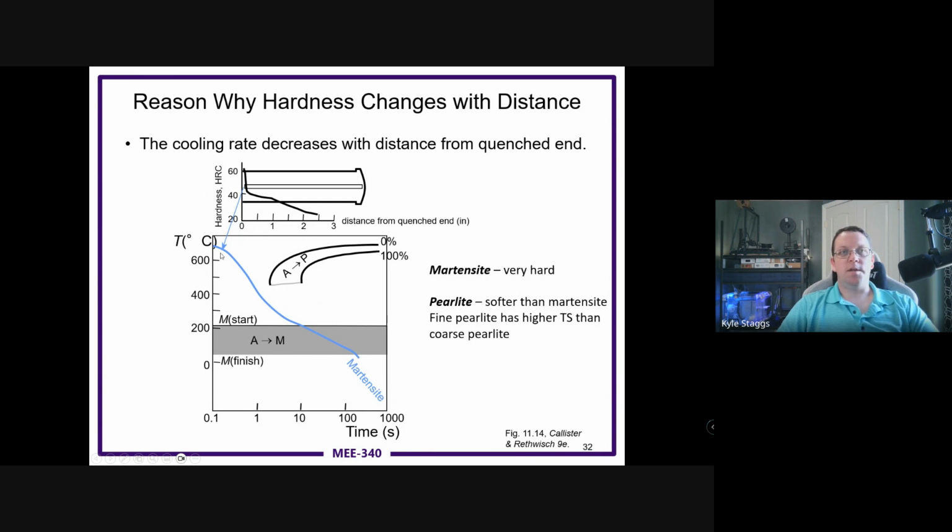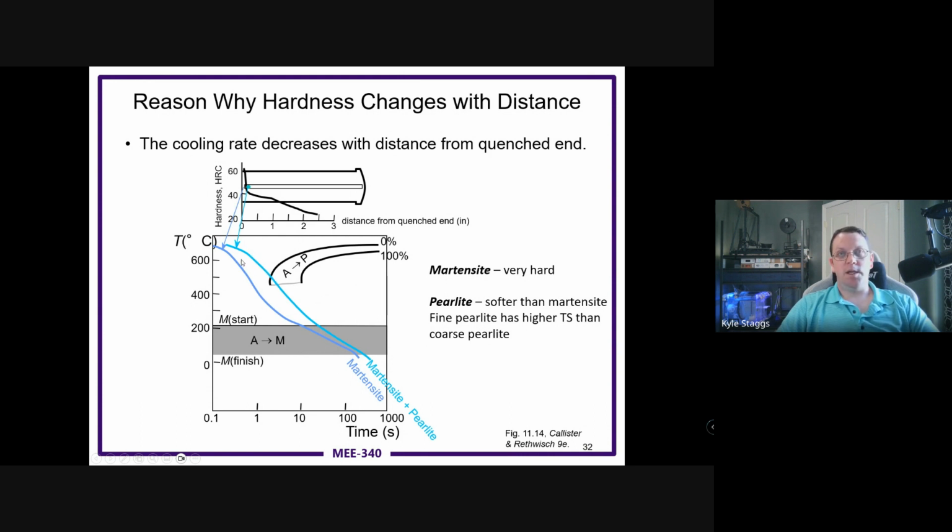It's going to very quickly, on the order of about 10 seconds or so, get down below this 400 region, and then quickly get into this martensite, where most of the time is going to be spent growing martensite. Whereas here, as you start moving up, you're going to get a little bit of martensite and pearlite together, because it's going to take a little longer for it to start cooling. So it's going to be time delayed.